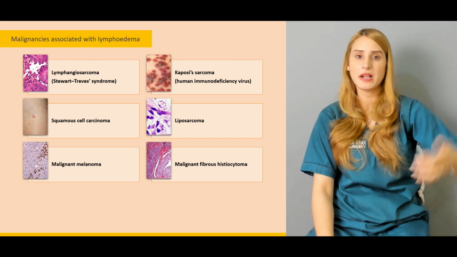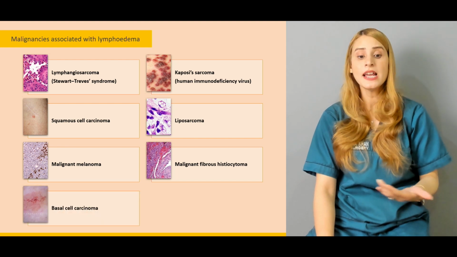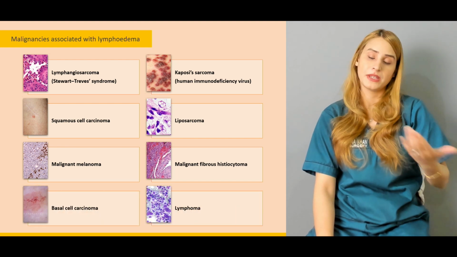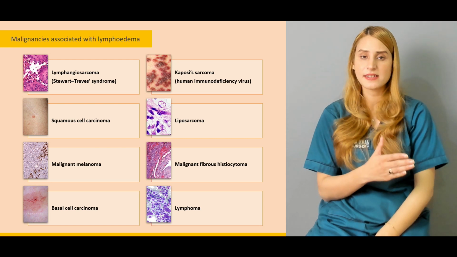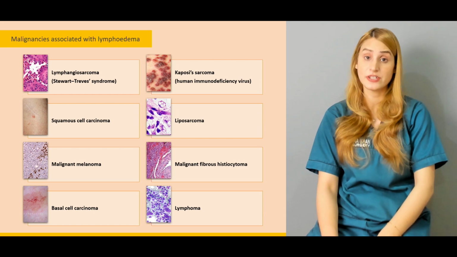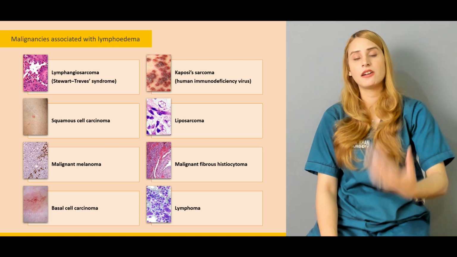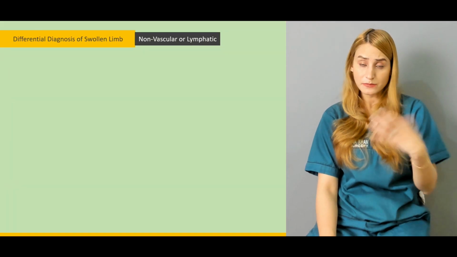These are the malignancies most related to lymphedema. There can be lymphoma as well, but that's less common. Basal cell carcinoma, squamous cell carcinoma, Kaposi sarcoma, and lymphangiosarcoma are the important malignancies related to lymphedema.